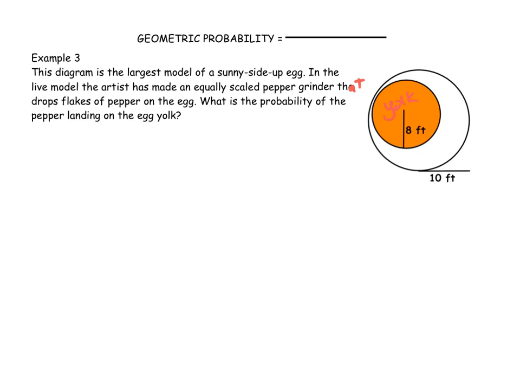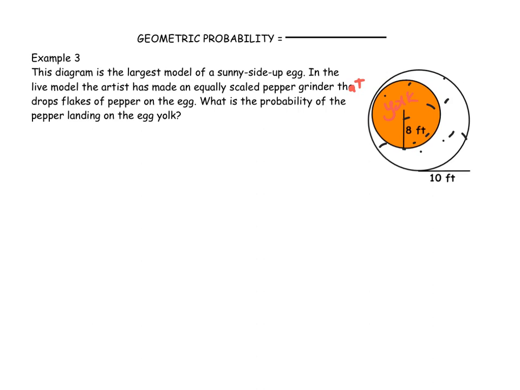So think about it, you're dropping pepper. Okay, I'm dropping pepper, boom, boom, boom. What's the probability that my pepper, the black little dots I just made, lands on the yellow part? So my desired area is the yellow part, so the yellow circle.